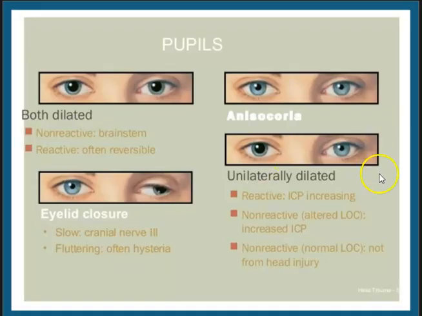Always think if you see this, there has been a head injury and they are having increased intracranial pressure. Now, it could be fixed. I did go to nursing school with somebody that had this, and she did have a TBI, and this is just how her pupils were.